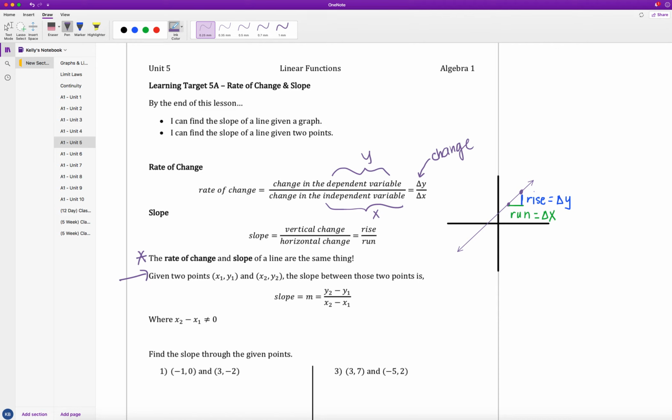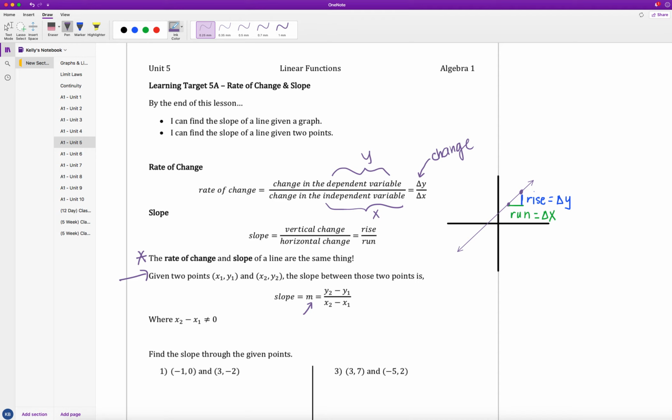So if I have 2 points, (x1, y1) and (x2, y2), the slope between those 2 points is defined to be y2 minus y1 over x2 minus x1. You'll see here it says slope equals m equals our definition. M is the letter we use to represent the slope between 2 points.